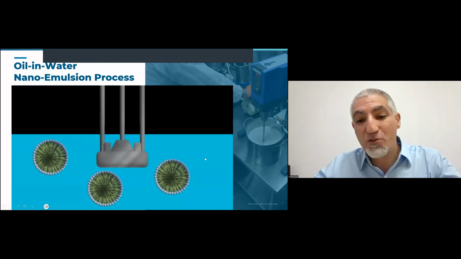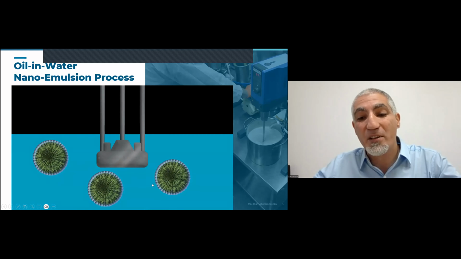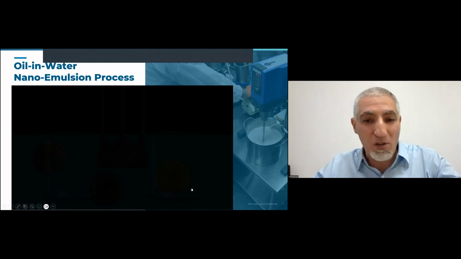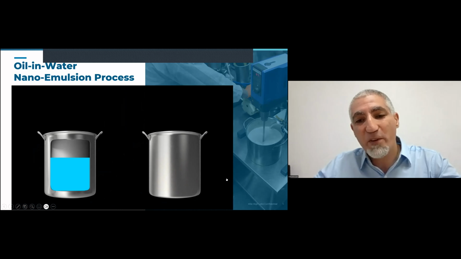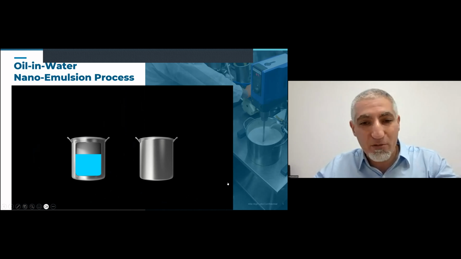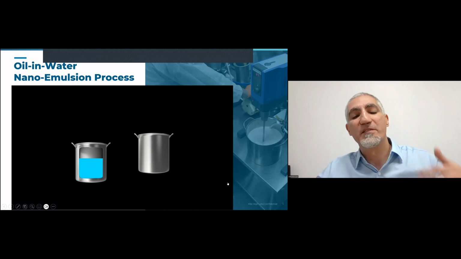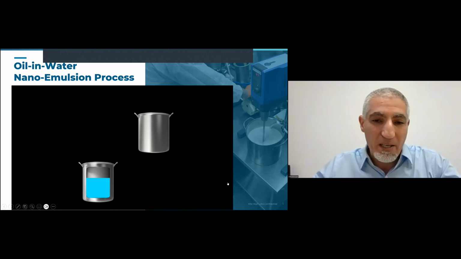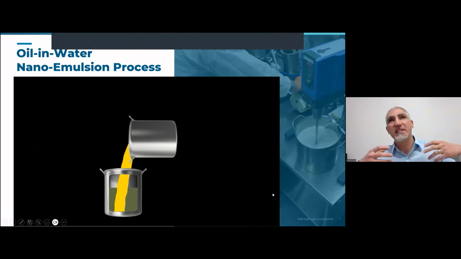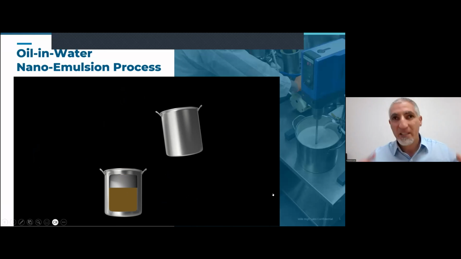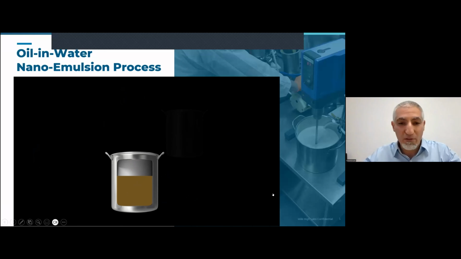So in this case, what you get is empty normal micelles. And then the oil phase is then slowly added into the water phase while the batch is being homogenized with a rotor stator homogenizer at a very high shear, high speed, or revolutions per minute.